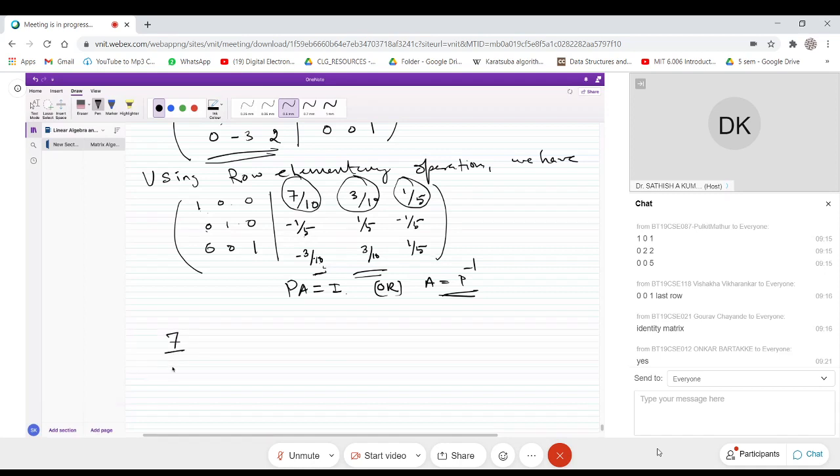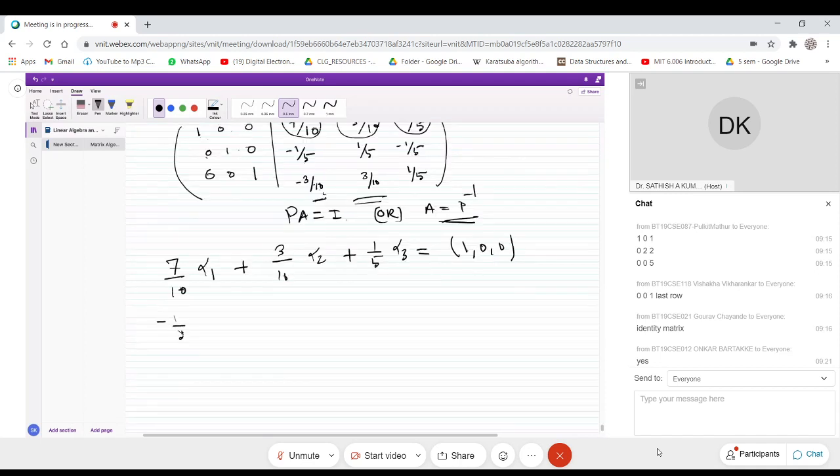Now you can verify directly that this is nothing but 7 by 10 times alpha 1 plus 3 by 10 times alpha 2 plus 1 by 5 times alpha 3, which is the same as 1 0 0. Let me write that, then we will check at least one equation.